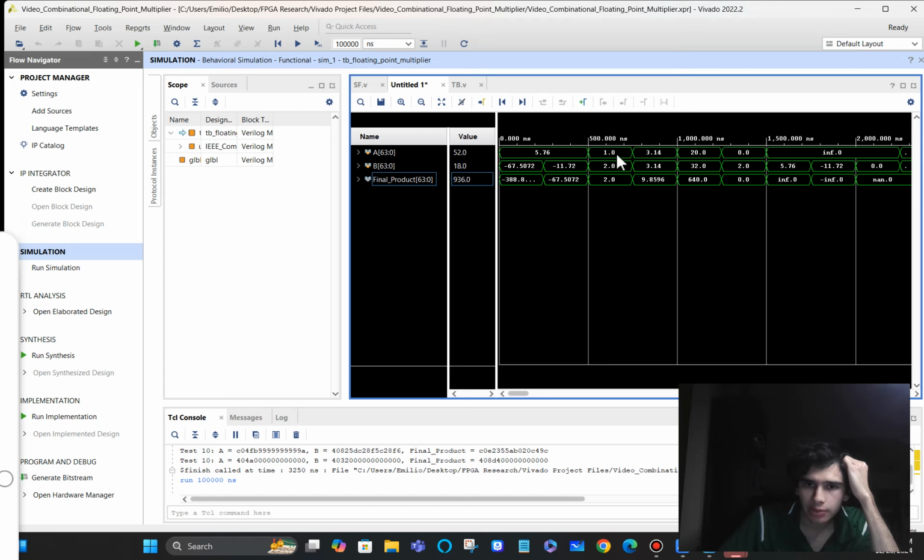This times this is that. 1 times 2 is 2. 3.14 times itself is 9 point something. 20 times 32 is 640. 0 times 2 is that. And we've got some cases with infinity.